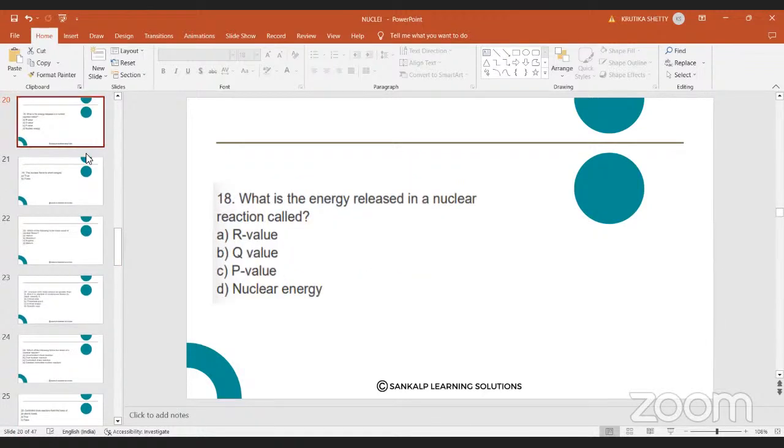What is the energy released in a nuclear reaction called? R value, Q value, P value, or option D, nuclear energy.